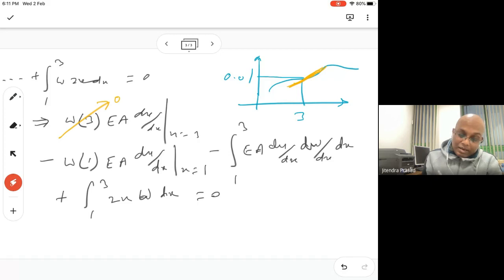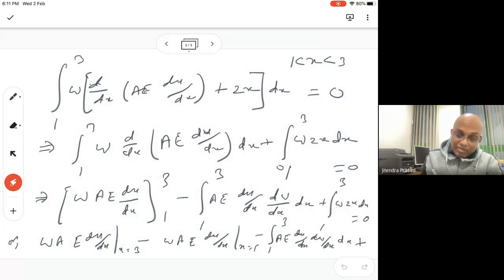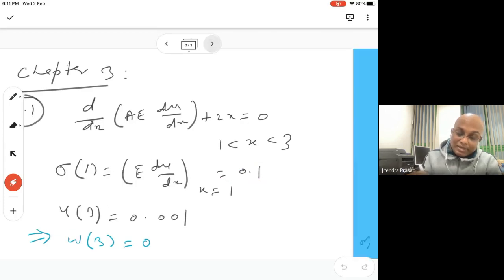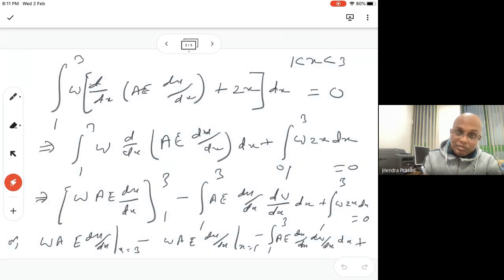Now here w at 1 is there and E times du over dx at x equal to 1, right? That is given. So some value is given, and we have this as 0.1. So we will put 0.1 there.